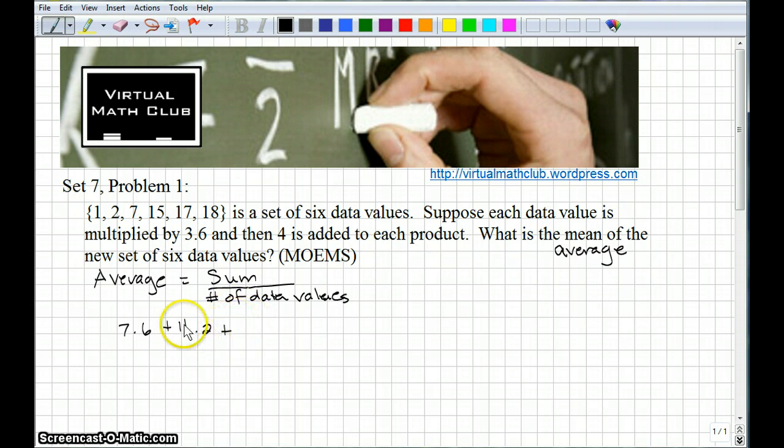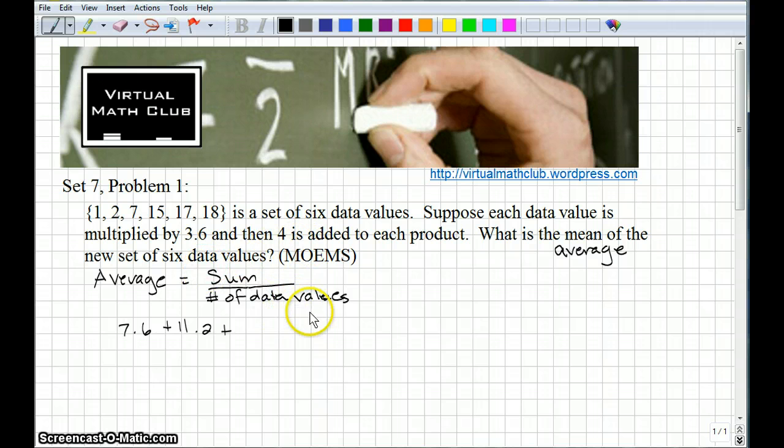And so on. But it's a lot of work, for one thing. It's prone to error. It's really easy to make a mistake when you're multiplying, say, 17 times 3.6. So my hint to you would be not to do it that way. I mean, you can. You're perfectly capable of doing it, I bet.